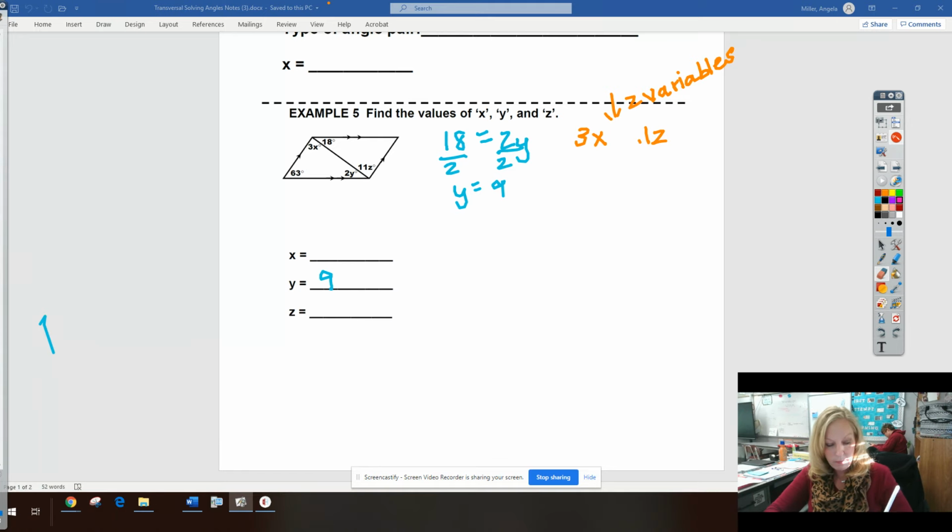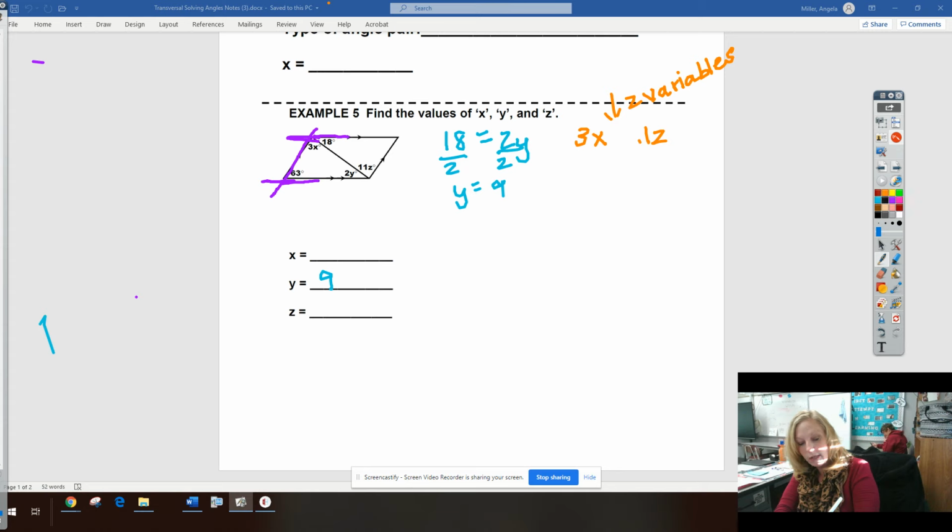I really need to figure out what to do with this 63 down here, because I have a feeling if they gave it to me, I'm going to need it for something. So let's look at that one, and let's extend this line here and this line here. Oh, now I see a transversal here.